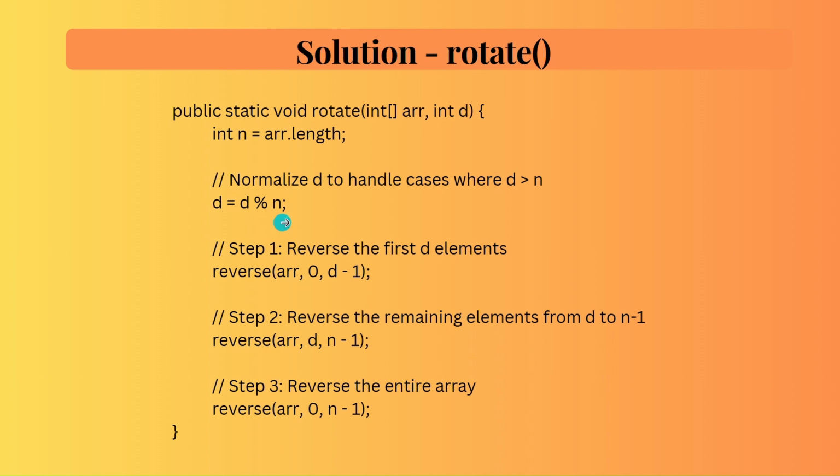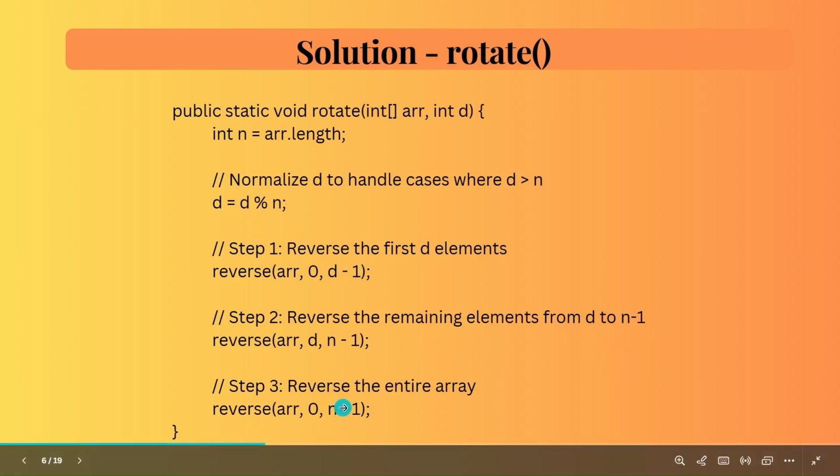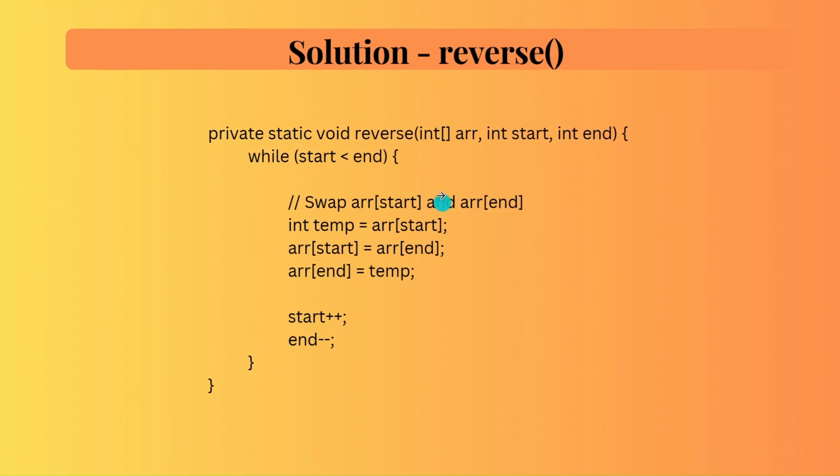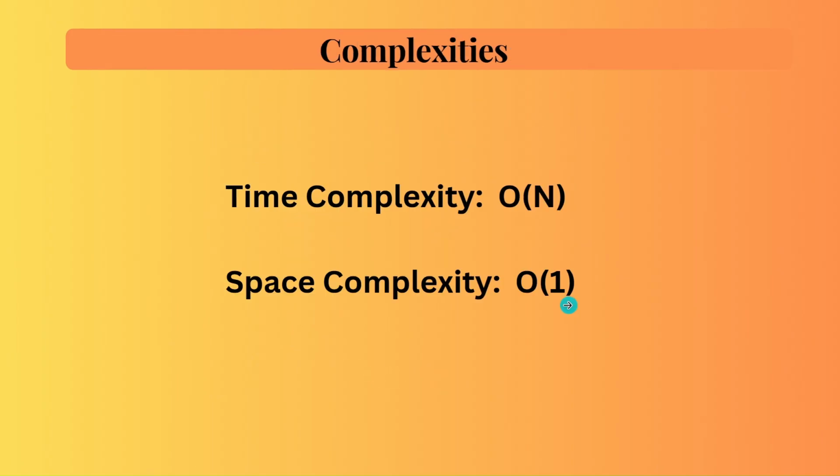The first step is to call reverse on the array from index 0 to d minus 1, the next step is to reverse from index d to n minus 1, and lastly the entire array is reversed from index 0 to n minus 1. In the reverse method, it is just the swapping of two elements with the use of a third variable. This results in a time complexity of O of n and a space complexity of O of 1.